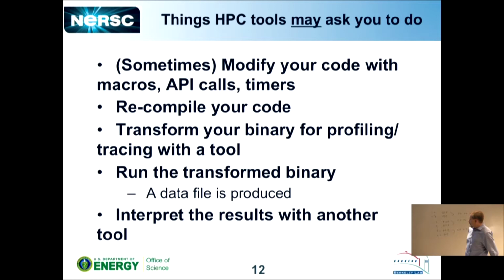Then in most of the cases that we'll talk about that are not static analysis techniques, we'll need to really run the new binary, and then we get a log file out. If you've ever used gprof or things like that, it's the same general approach.